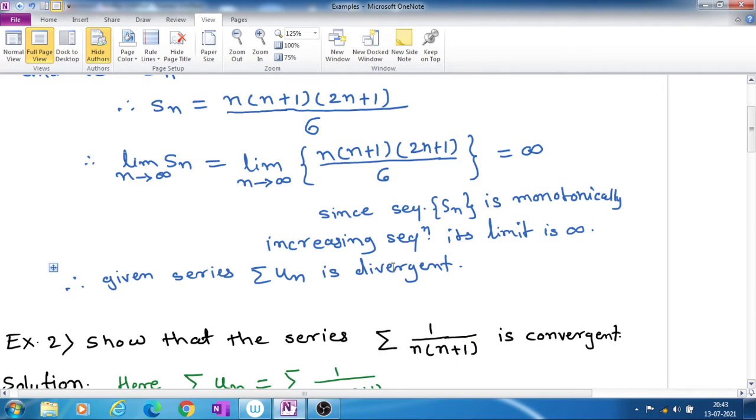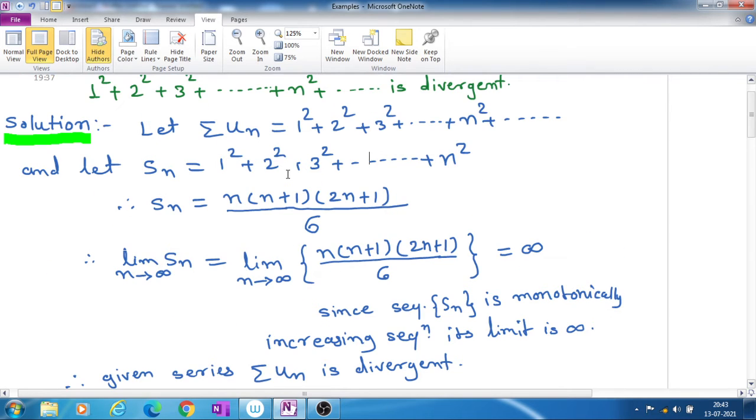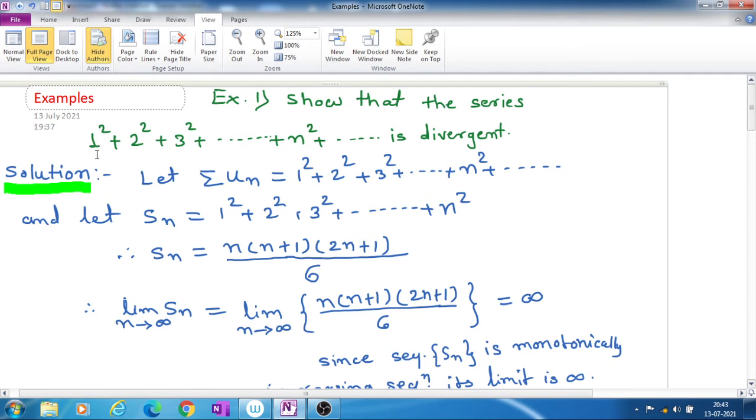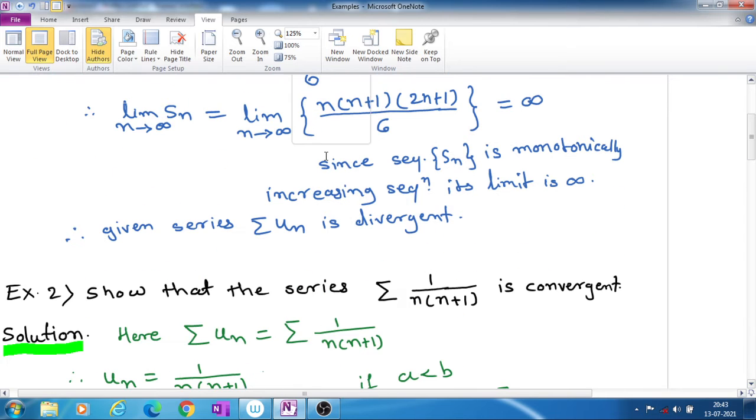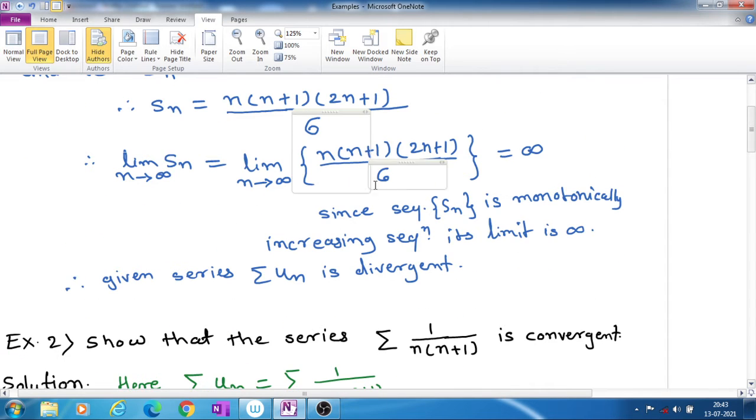And you can see from this series that the terms are squares of natural numbers and there are infinite terms. Therefore this sum will be infinity, since the terms are going on increasing, and therefore the sum is going on increasing, and finally it has no limit, so we say the limit is infinity.